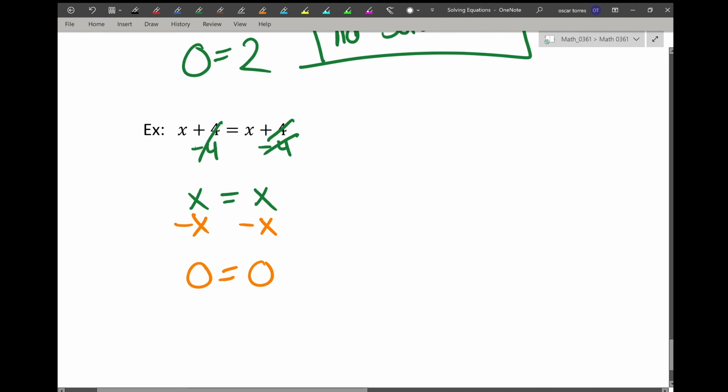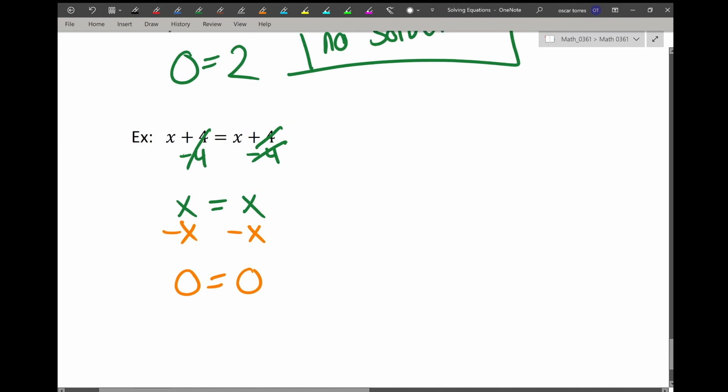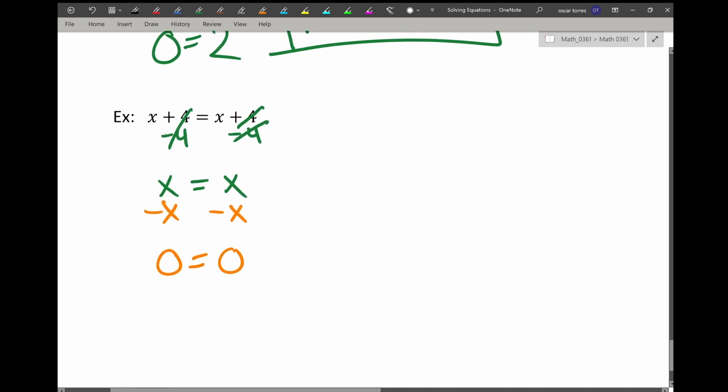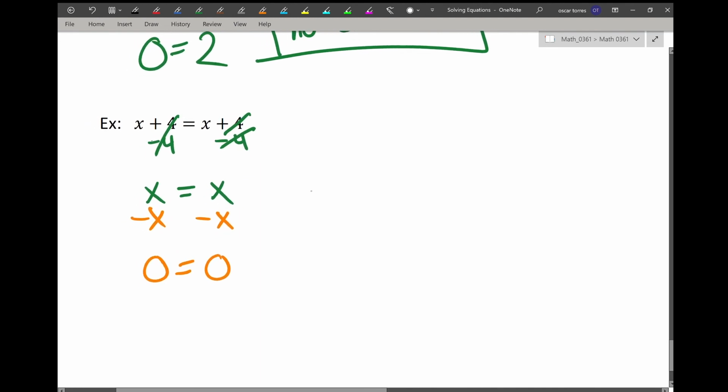So we end up getting 0 equals 0. And that's a true statement, right? That always makes sense. The number 0 is equal to the number 0. So for this type of problem, we say that it's always true, and it's true for all real numbers. So my final answer would actually be all real numbers.